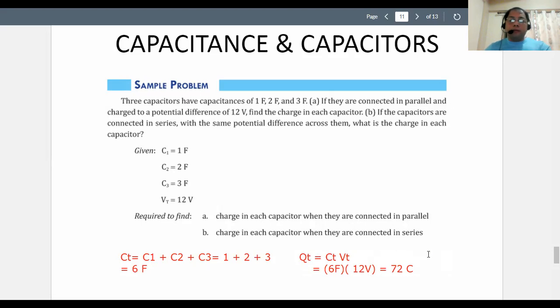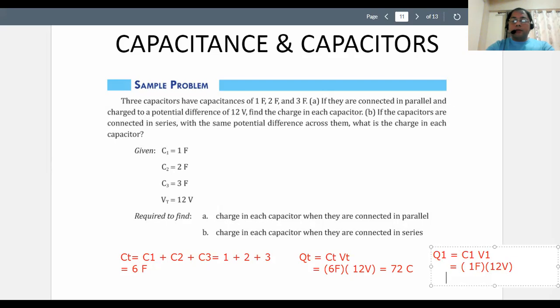Now, what about for each charge? How about Q1? If you'll solve for Q sub 1, then that's C sub 1, V sub 1. But what's V? If the supply voltage is 12 and they are connected in parallel, then each capacitor will receive 12 volts each. So the first capacitance is 1 farad times 12 volts because again, if it's in parallel, then they will have the same voltage.